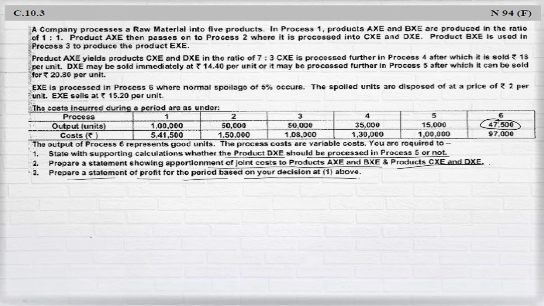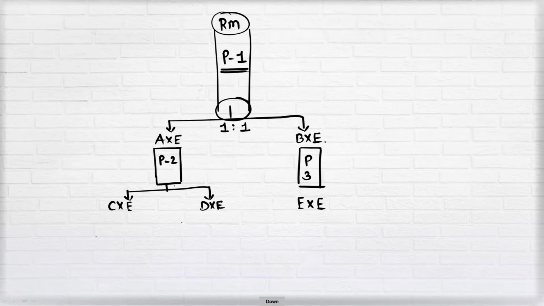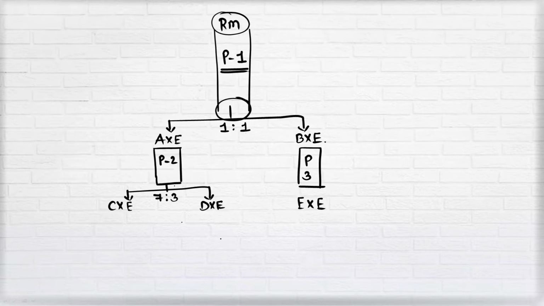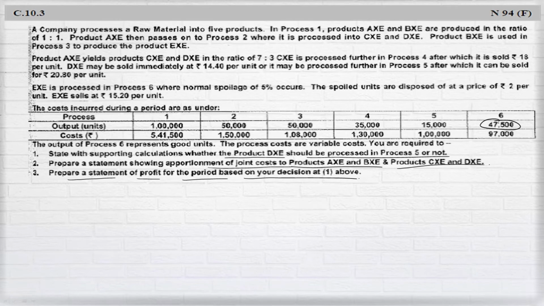The product AXC yields the product CXC and DXC in the ratio of 7:3. CXC is processed further in process 4, after which it is sold at rupees 18 per unit.